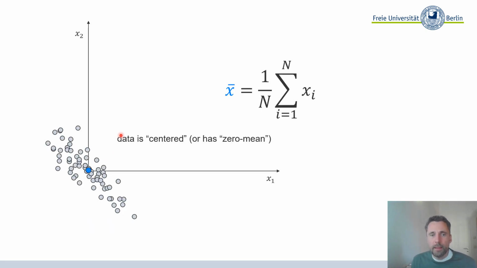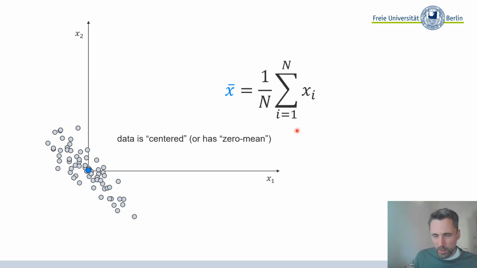Now, let's look at how this one-dimensional description of variance can be applied to an n-dimensional data space. And so the first thing that we want to do is we center our data, because that makes things way easier.